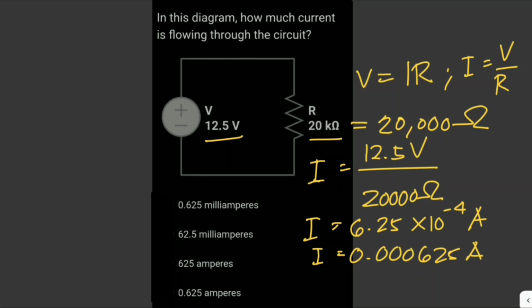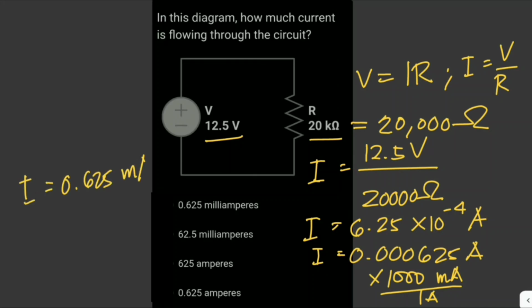So let's convert amperes to milliamperes. So we just have to multiply this by 1000 milliamperes per 1 ampere. So the current would be equal to 0.625 milliamperes. The answer is 0.625 milliamperes.